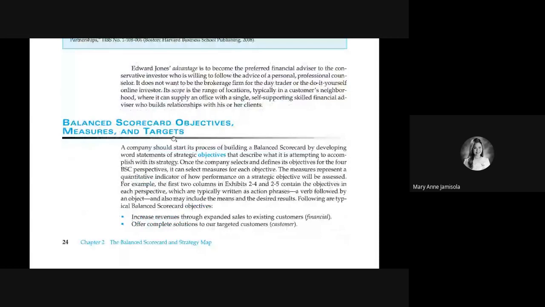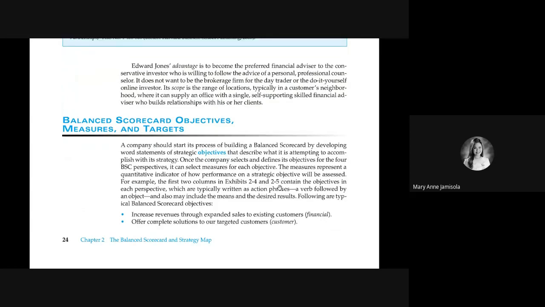Okay, so from your strategy, you can now make your objectives. Again, diba? Remember the steps that I have mentioned a while ago. So after your strategy, you can now lay out your objectives. So these are examples of objectives related to a specific perspective. For financial perspective, an example of an objective could be increase revenues through expanded sales to existing customers.